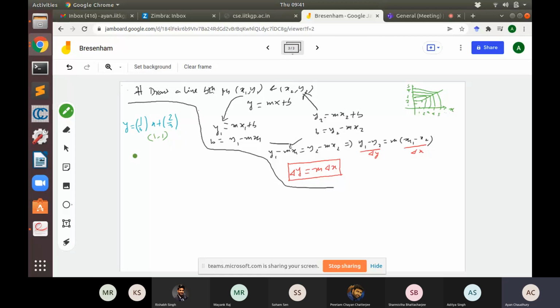So let's make a table. We have some x values, and here is some y value. Also, you will see that the y values are not always integers, like 1, 2, 3, 4. So we have to round it, because you cannot plot a fractional pixel. Let's say this is your grid: pixel 1, pixel 2, pixel 3.